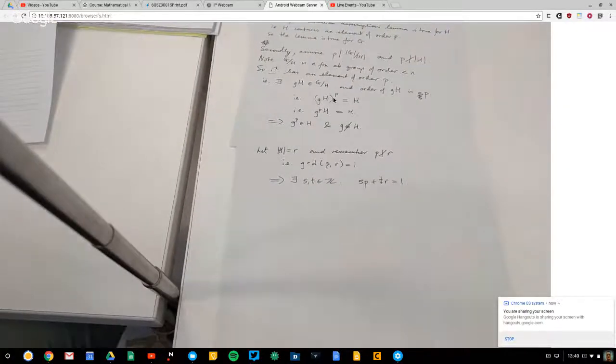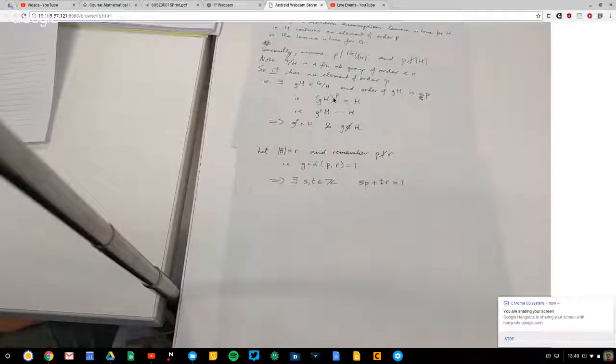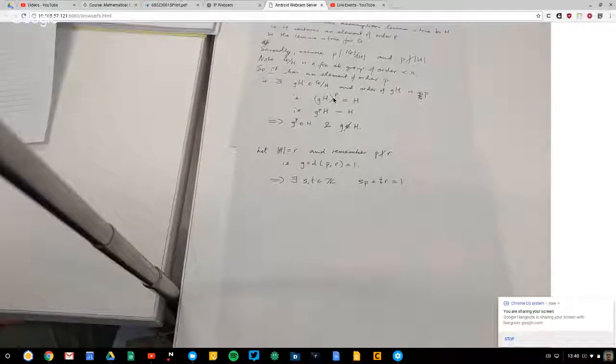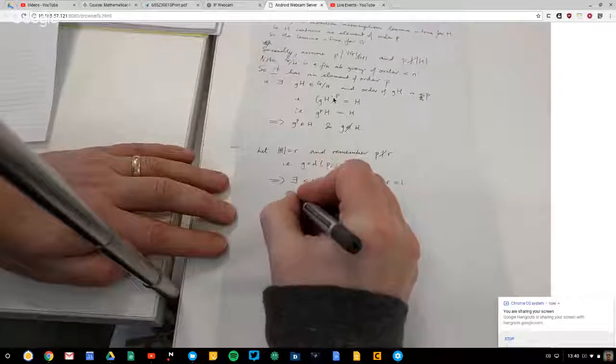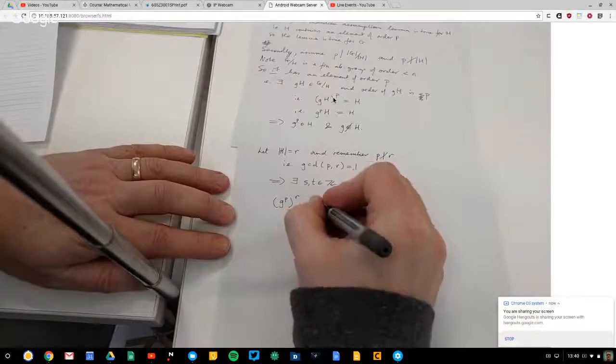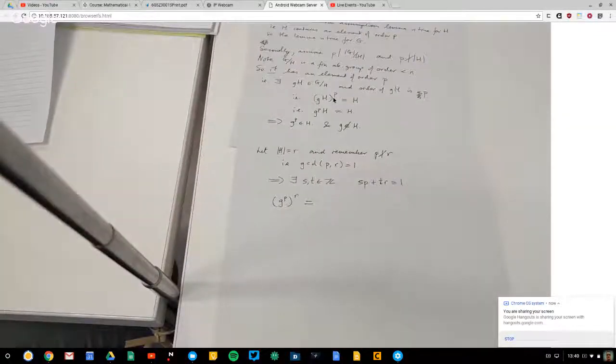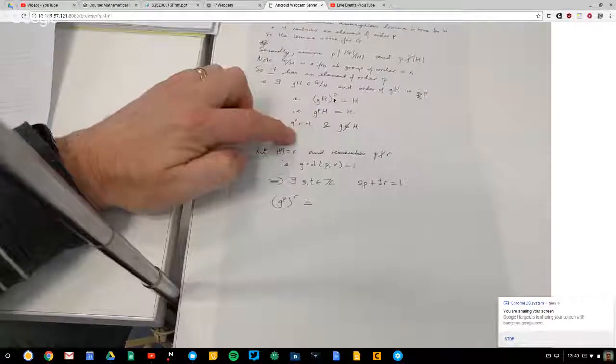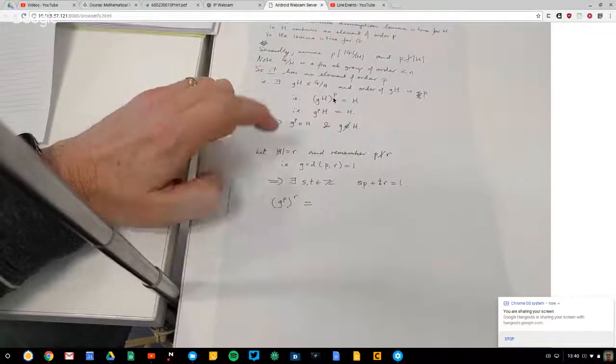Now, what are we going to look at here? Take our element, G to the P, and raise it to the power R. What can we say that is? G to the P is an element of the group H, and we're raising it to the power R. Is it simply G to the PR?